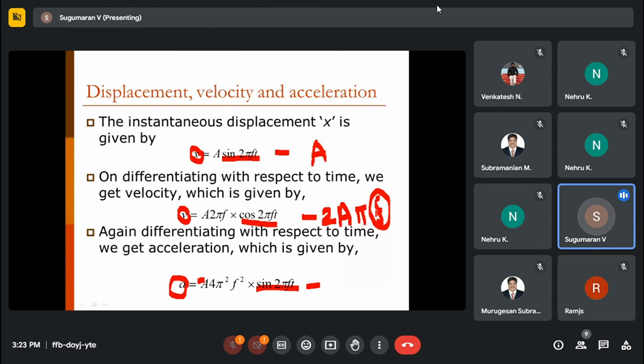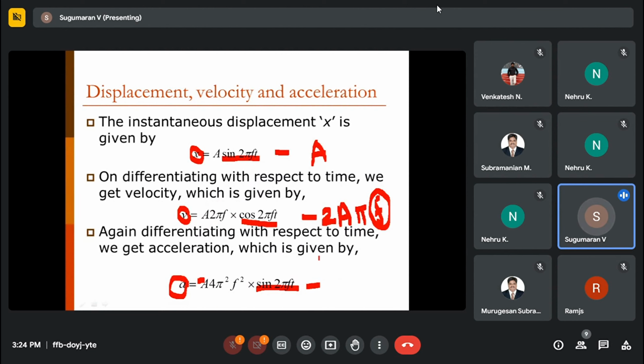There is an f term here, so when you are measuring low frequency, the amplitude will be small. When you are measuring high frequency, the amplitude will be amplified because the magnitude is a function of frequency. So even a small amplitude, because it is getting multiplied, will look big in velocity.